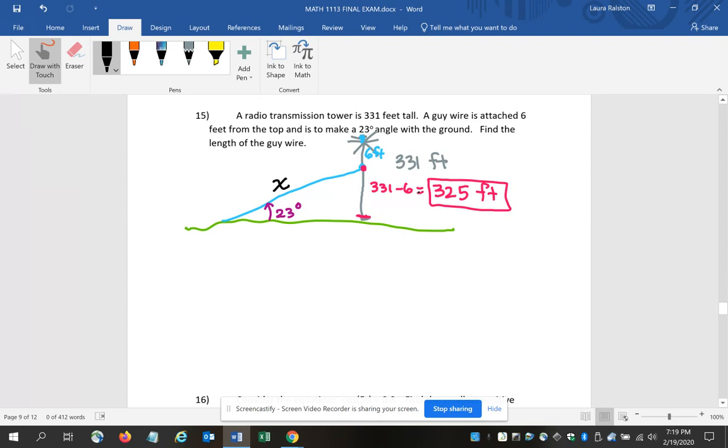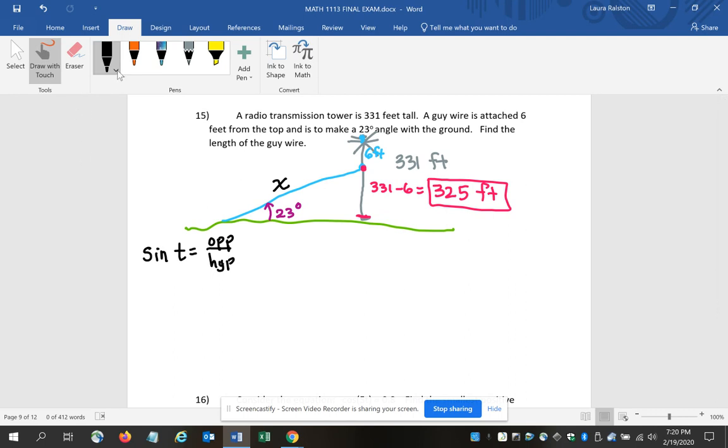I know the side opposite the angle measure of 23 degrees, and I'm trying to determine the hypotenuse. And so that makes me think of my trig function. The sine of angle t is opposite over hypotenuse. The trigonometric relationship that involves opposite and hypotenuse is the sine function.